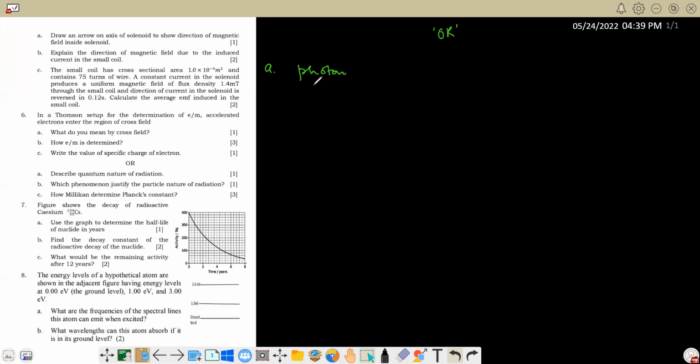This photon description of light is called the quantum nature of radiation. Let's look at part B, where you can easily write the definition: which phenomenon justifies the particle nature of radiation? The same one, the quantum nature, or the phenomenon of photoelectric effect.